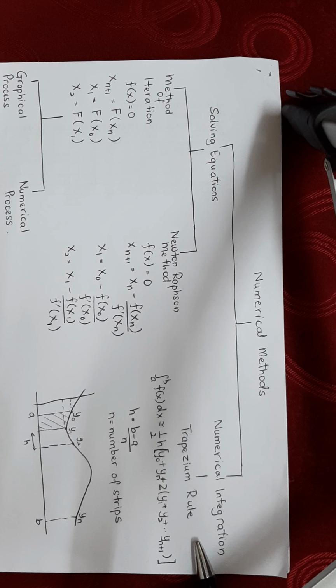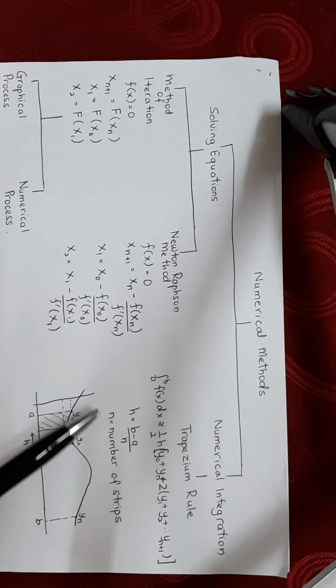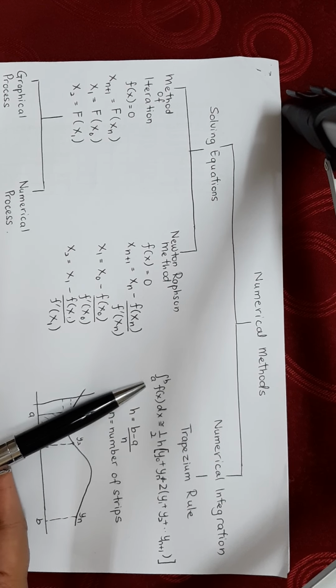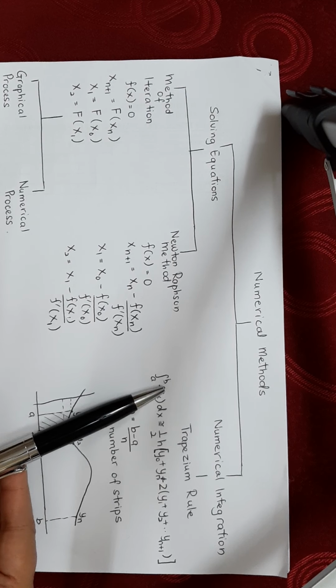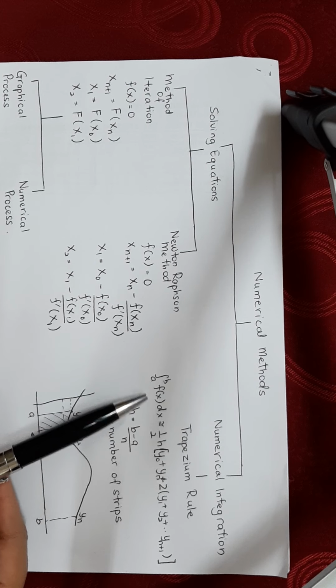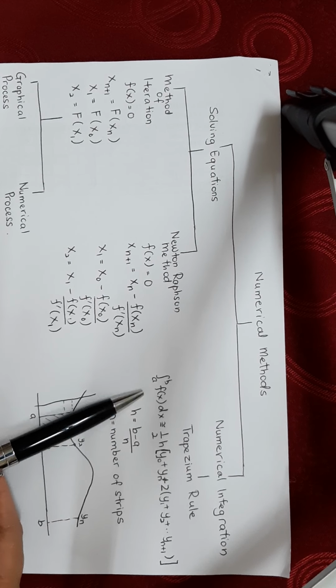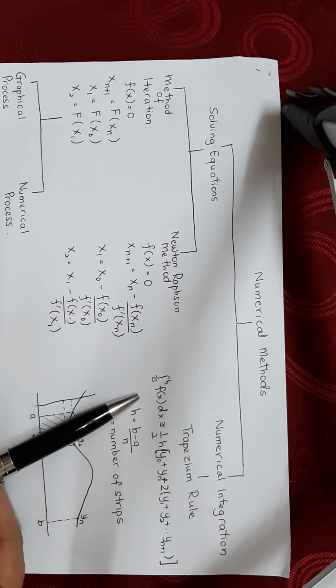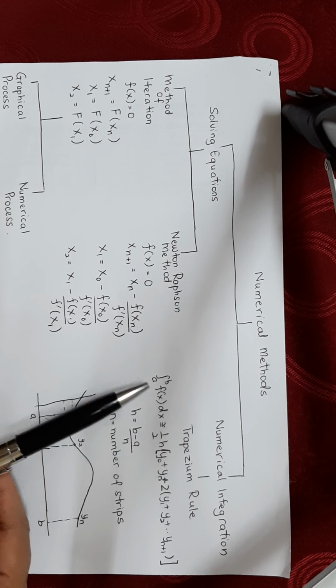The method taught in this chapter is the trapezium rule. The formula is given here. For any function f(x) that you want to integrate between a and b, lower limit to upper limit, with respect to x, you're looking for the area under the curve of f(x) from a to b.